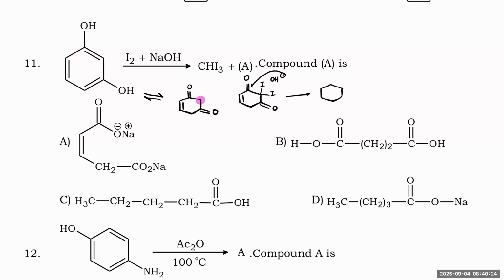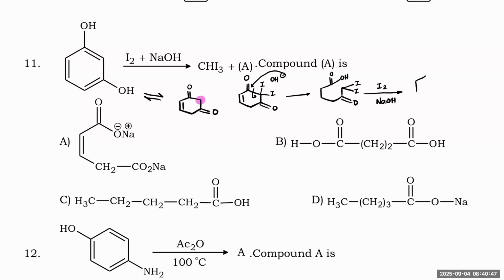So this bond will break. So you will have this bond converting into double bond OH, and here we'll have two iodides with double bond O. And this on further treatment with I2 and NaOH, iodoform will happen at this position.